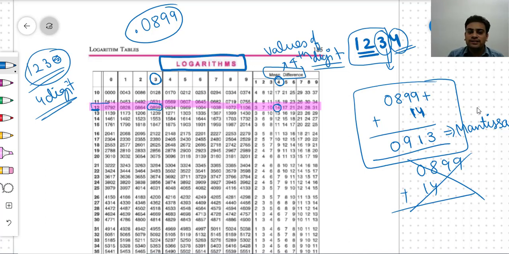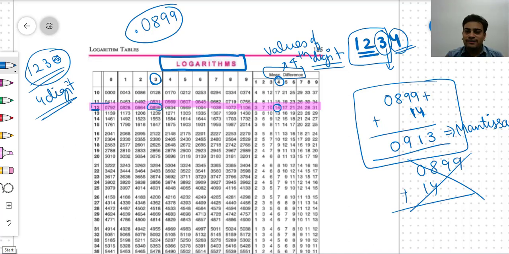That is why I am not putting 0 here. I am simply saying that it is only a 3-digit number. So we do not need to look at the mean difference here, right? So your Mantisa is only 0899. Clear? Because we don't have a 4th digit, we will not go to the mean difference.